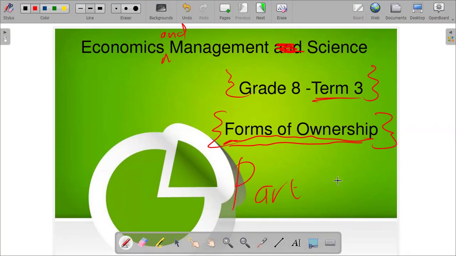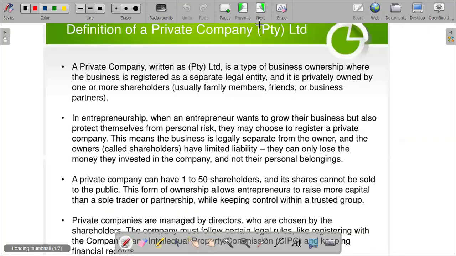Remember, we were talking about the types of ownership. Firstly, we did sole trader, which is sole proprietor, and then we did partnership. If you go back to our videos, you'll find part one, which is sole trader and partnership, and now we'll be focusing on the other forms of ownership.